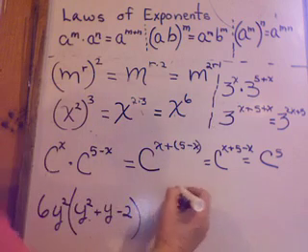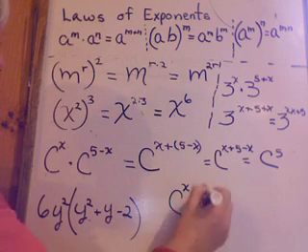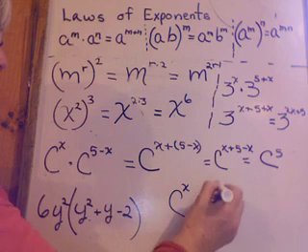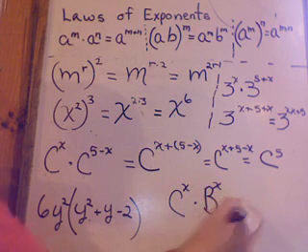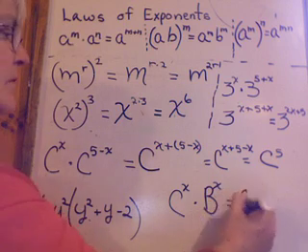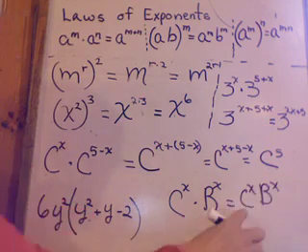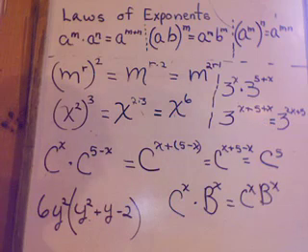Another caution, if you had c to the x times b to the x. Can I add the exponents there? No. So the answer is c to the x, b to the x. The bases are not the same, all right?